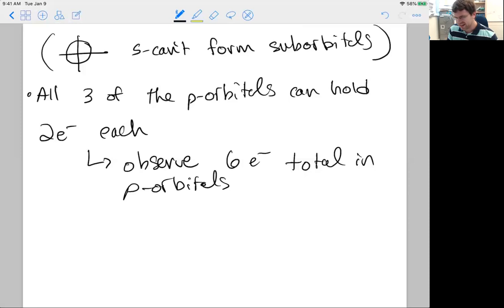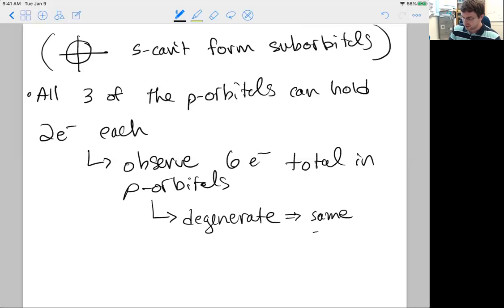Why can't we really tell the difference when we're observing these things, whether an electron is in the px, the py, or the pz? Well, the reason why is because the p orbitals are degenerate, and I've used that term a few times in this lecture. Degenerate means the same energy. We'll get to energetics and energies in chemistry a little bit later, but basically when things are going to interact with each other in chemistry, they try to go to the thing that has the lowest energy or the lowest energetic barrier to entry.